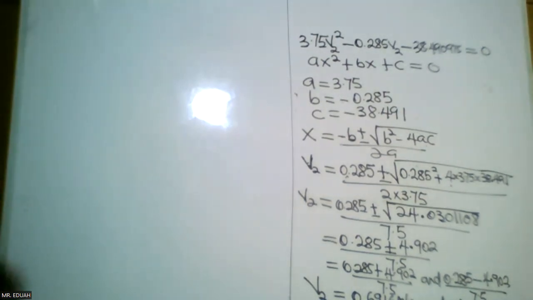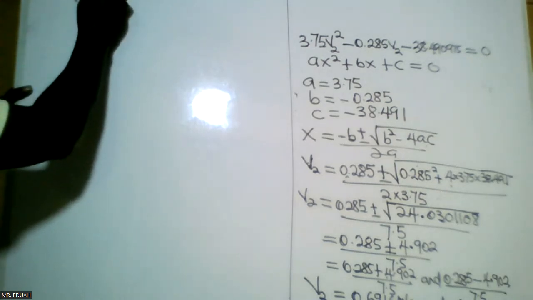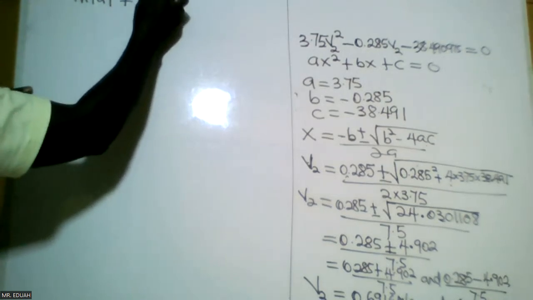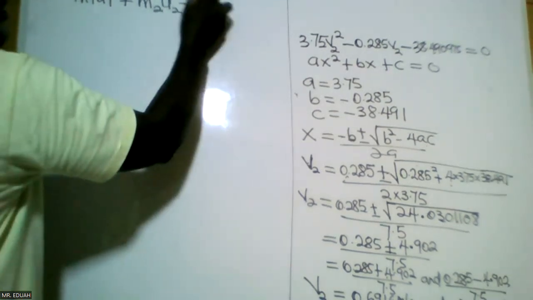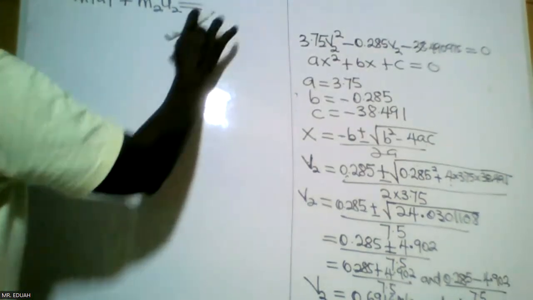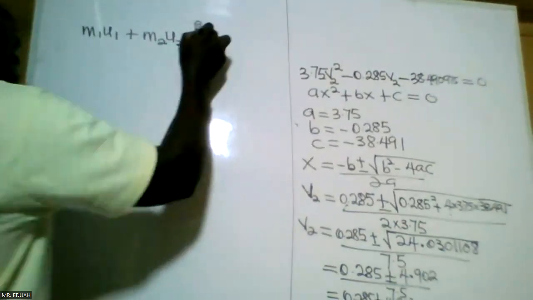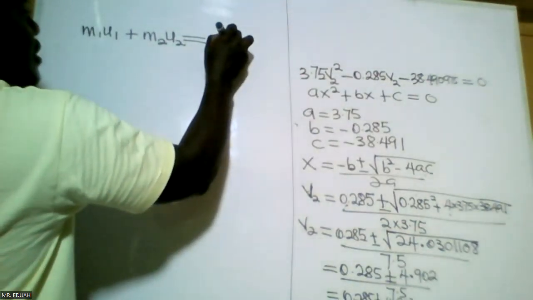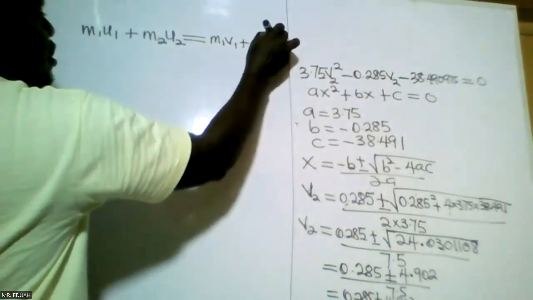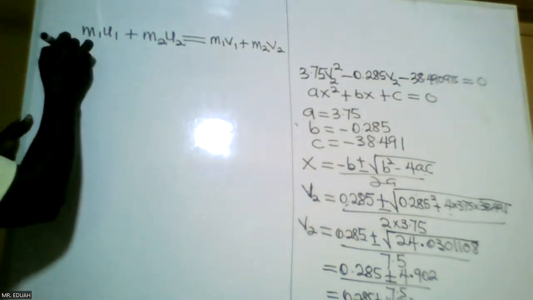So, Yanis, are you there? Yanis is gone. So this is equal to M1 V1 plus M2 V2. Group the ones.